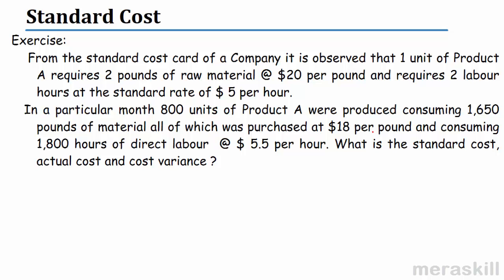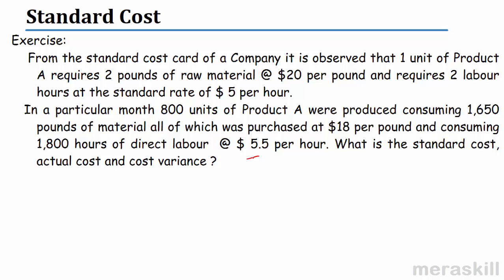In a particular month, 800 units of product A were produced, consuming 1650 pounds of material, all of which was purchased at $18 per pound, and consuming 1800 hours of direct labor at the rate of $5.5 per hour.